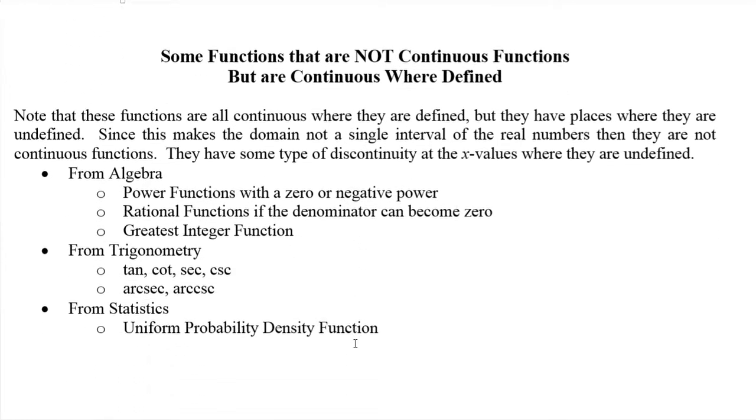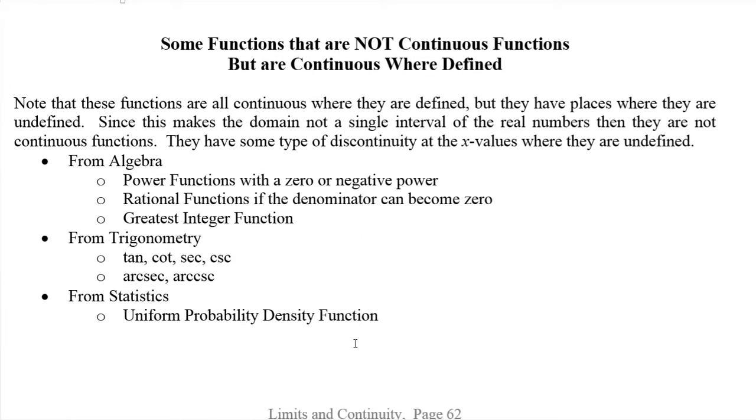Now, we also have some functions that are not continuous functions, but they're continuous wherever they're defined. So the only discontinuities are going to be at the x values where they're undefined. Power functions with a 0 or a negative power are going to have discontinuities at 0, because 0 to the 0 or 0 to a negative power is undefined, and the graph is going to break there.